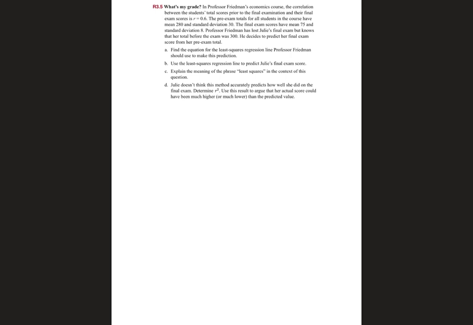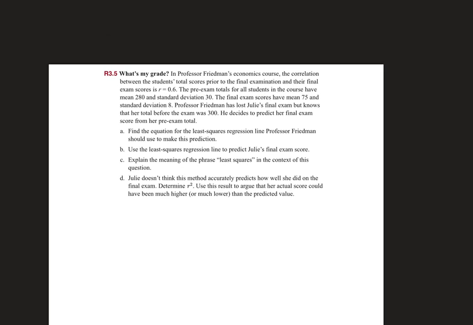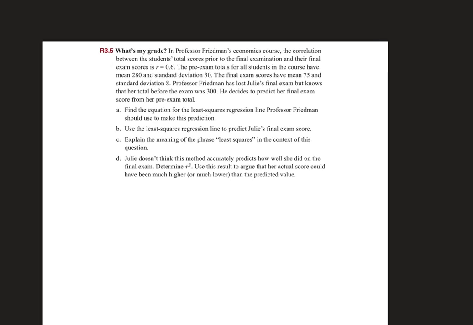Okay, first find the equation of the least squares regression line Professor Friedman should use to make this prediction. So when we have the data, then we'll do LinReg a plus bx. Put the data into lists and then do LinReg. Here we don't have the data, so we'll collect the things that we have and write them on the side.